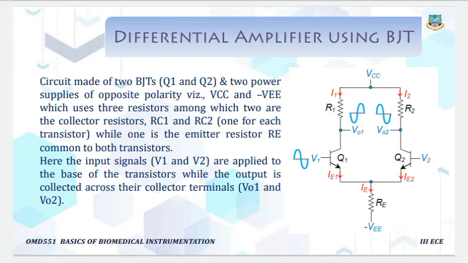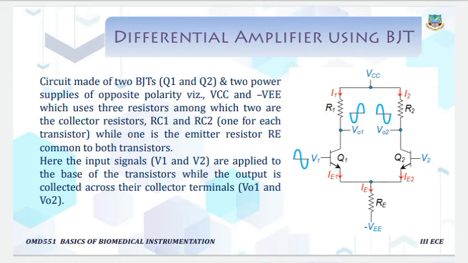R1 and R2 act as the collector resistors, and there is one emitter resistance RE, which is common to both transistors.